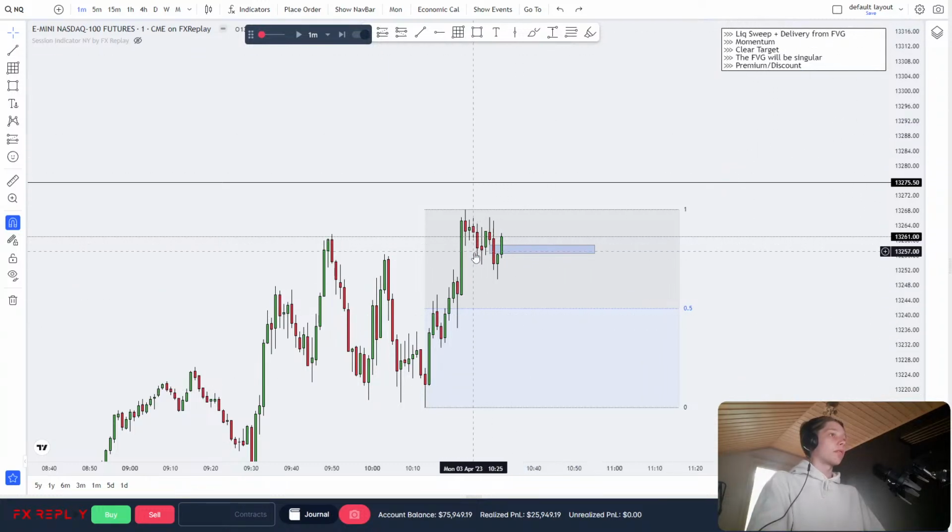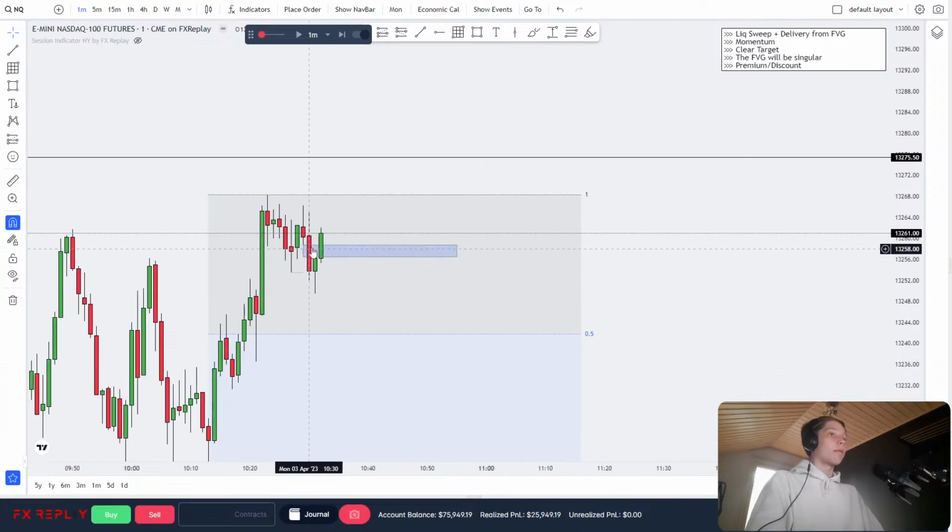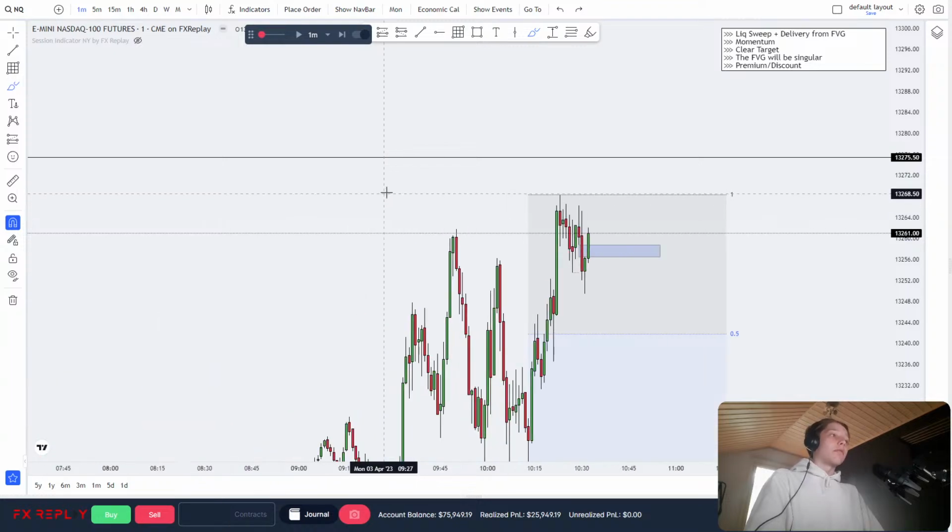Did we sweep liquidity? A little bit here, but it would be nicer if it swept some of these lows first. Momentum: this candle is not that momentous, but when you compare it to these here, the momentum is decent.